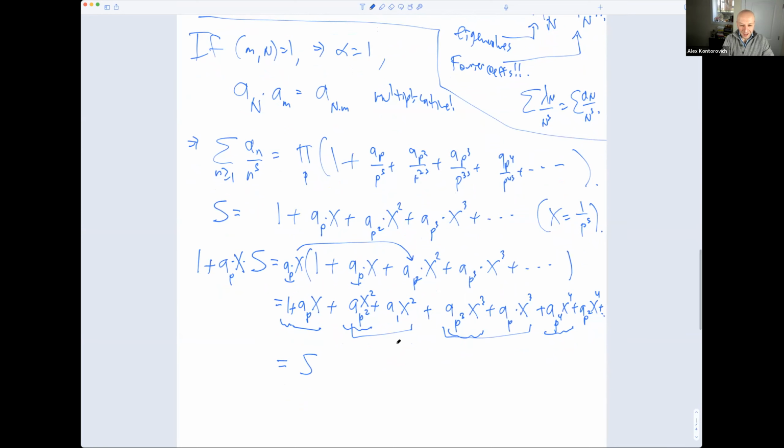Then I see an a_1 x squared and an a_p x cubed, so let me do a double underline for these, and an a_p squared x to the 4th. What does that add up to? x squared times S. It's almost x squared times S. I'm missing the first term, the constant term or something.